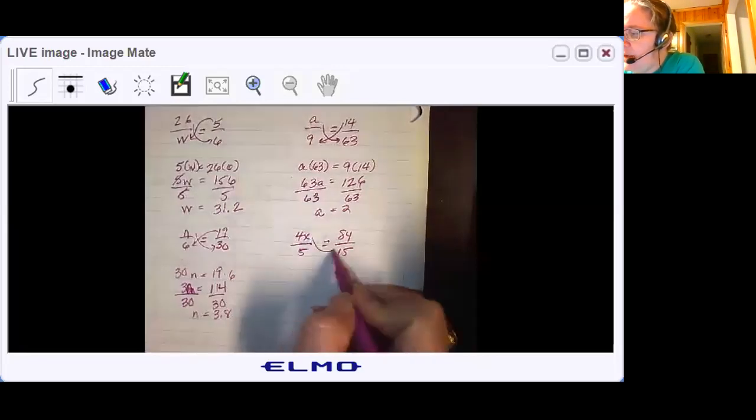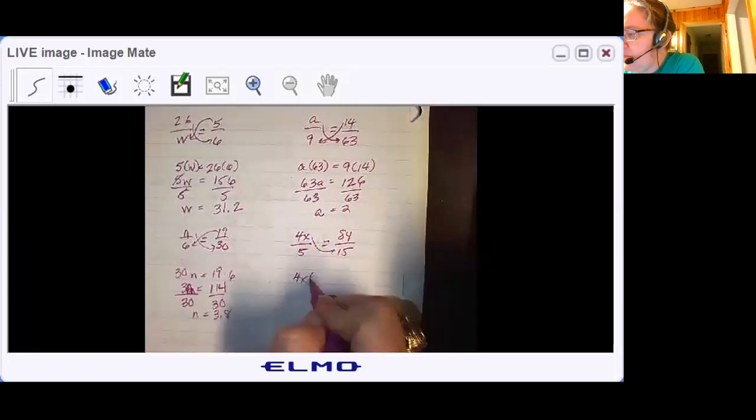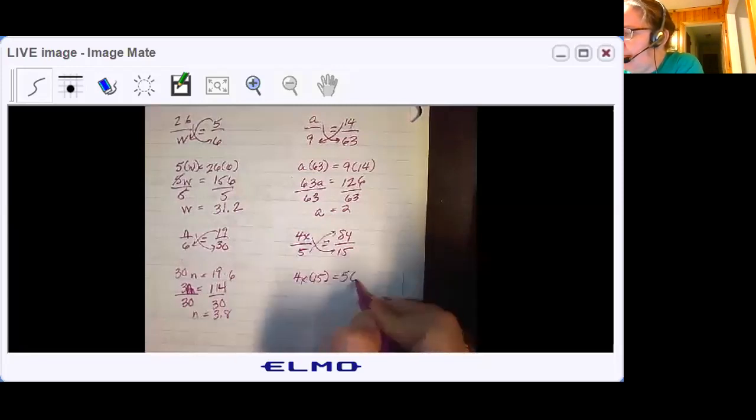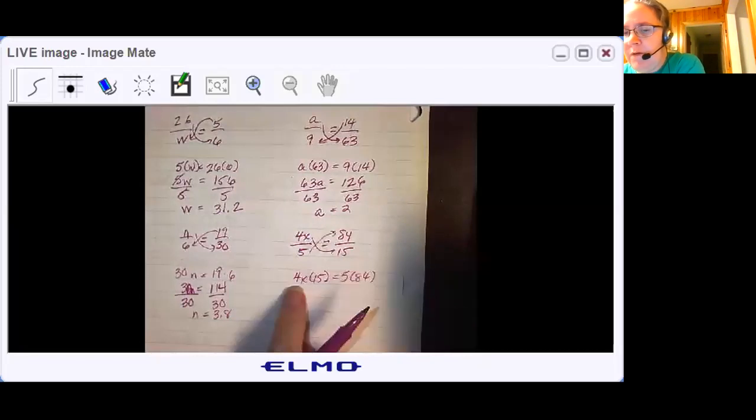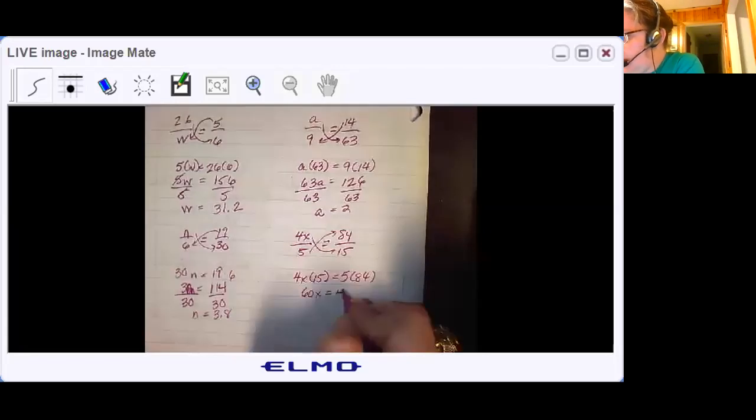4x times 15 and 5 times 84. Okay, well here I've got 4x times 15. This is 4 times x times 15. Well, I can simplify this a little bit. I can do 4 times 15 is 60. So now I have 60x, and then I got to do 5 times 84, and I get 420.